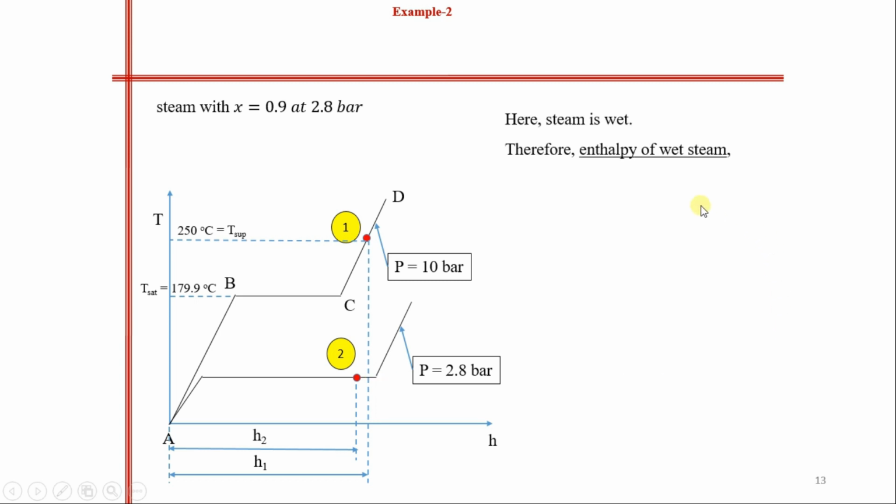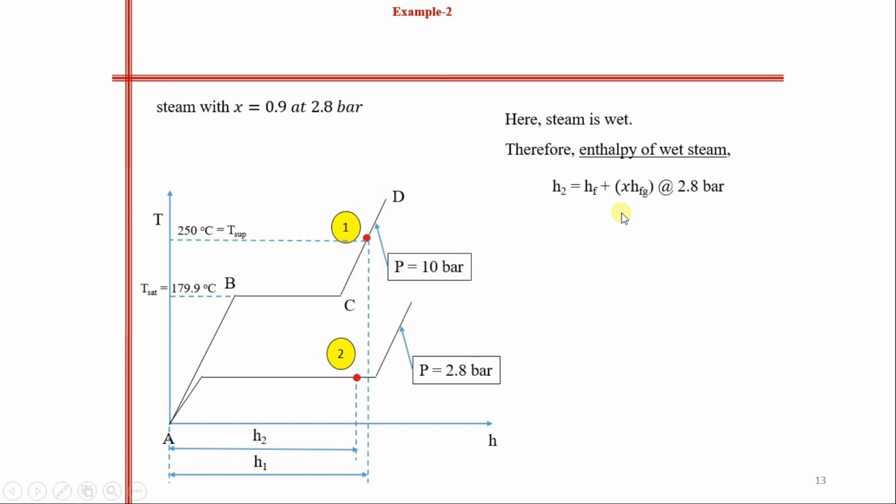Here steam is wet, therefore the enthalpy of wet steam is given as H2 = Hf plus x Hfg at 2.8 bar pressure. Keep this in mind: in this equation you have to use properties corresponding to 2.8 bar pressure for point number 2. For point number 1 we need to use the properties corresponding to 10 bar pressure.